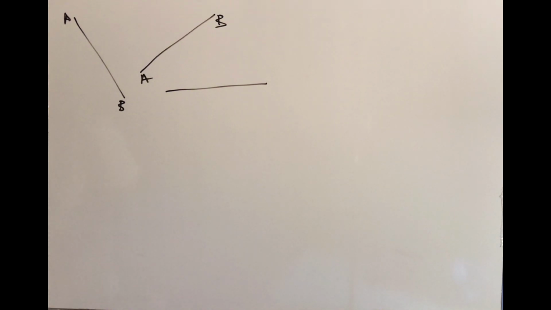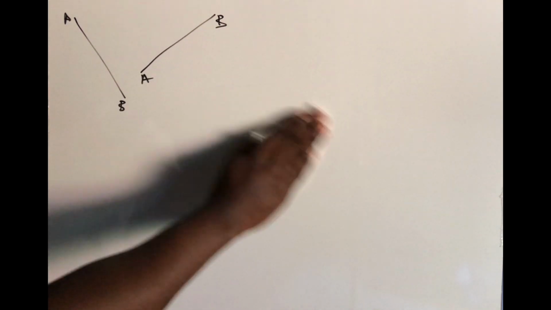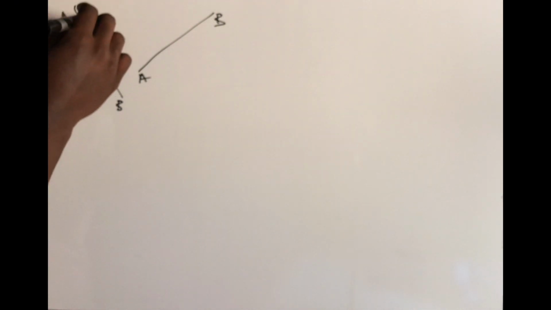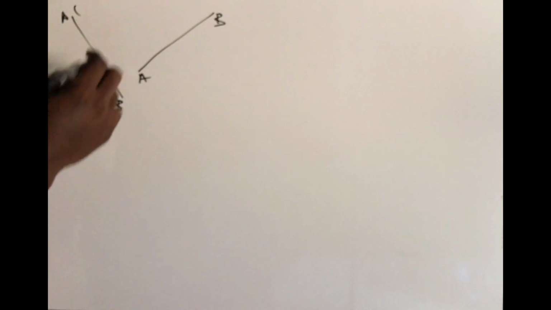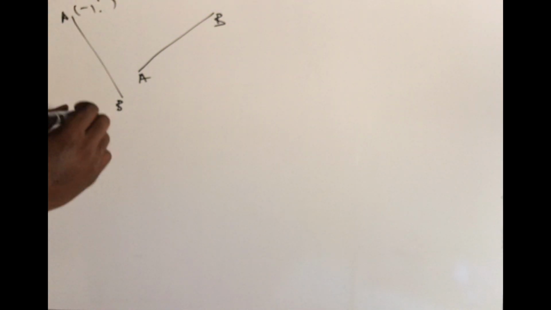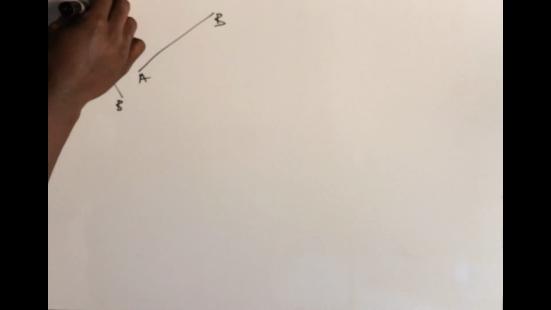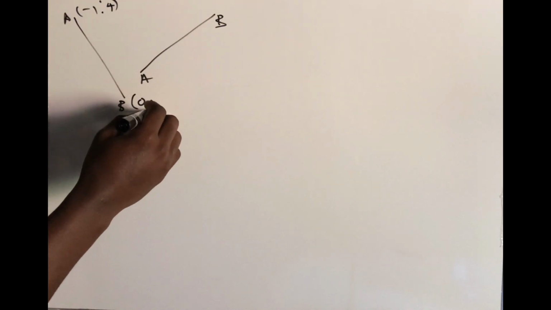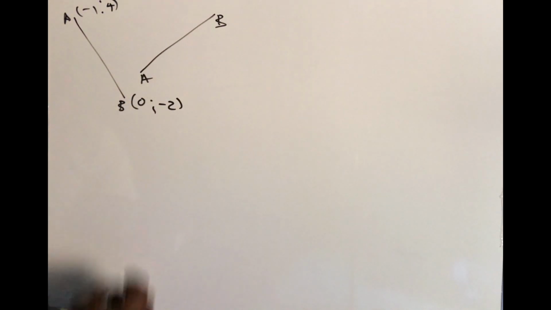So now, remember how we calculated the gradient of this line from point A to B, given the values of point A. Let's say point A has x equal to -1 and y equal to 4, and the other point has x equal to 0 and y equal to -2.